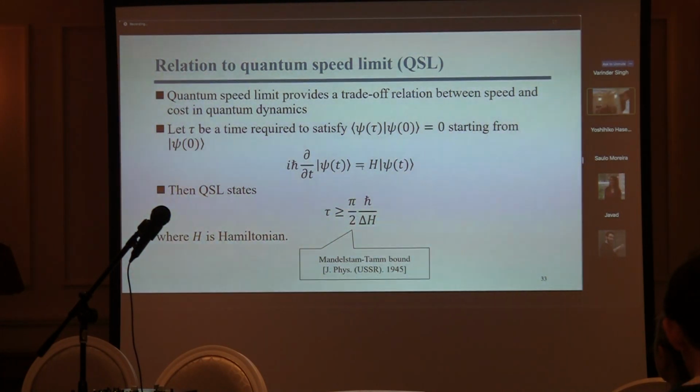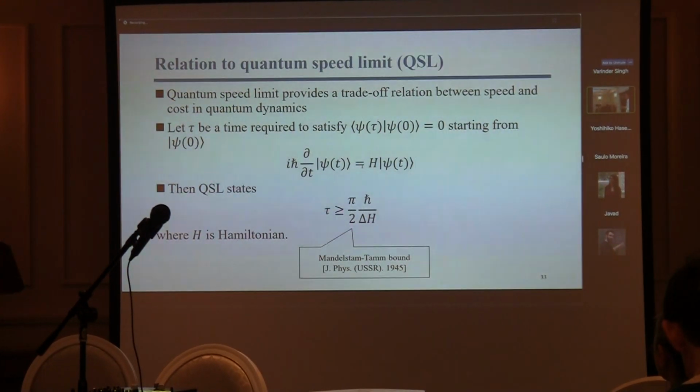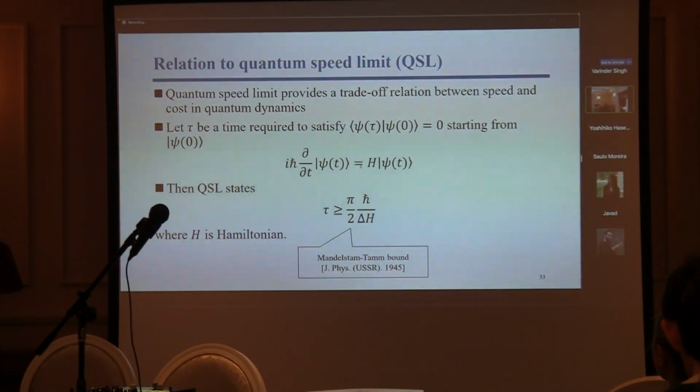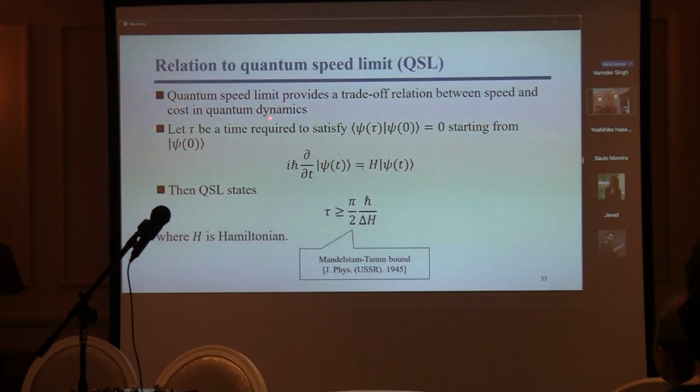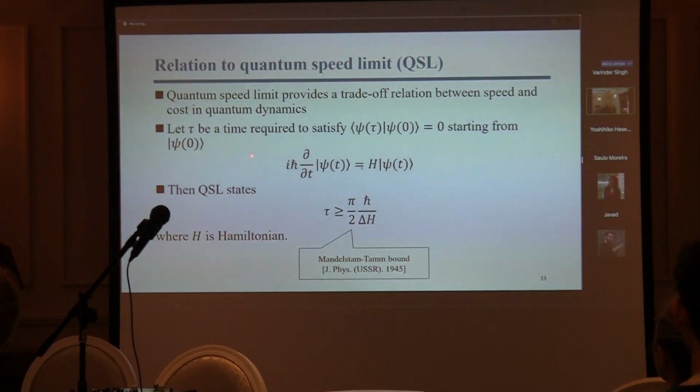And next, I would like to show the connection between the quantum speed limit and the TUR. The quantum speed limit is about the trade-off relation between the speed of time evolution and the cost in quantum dynamics.